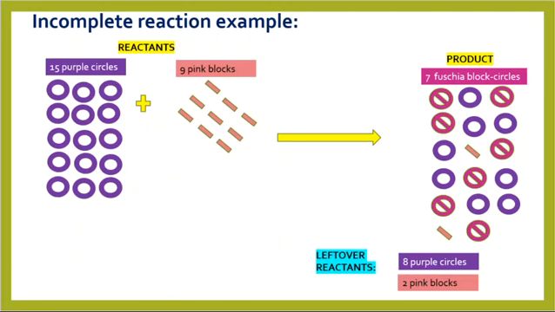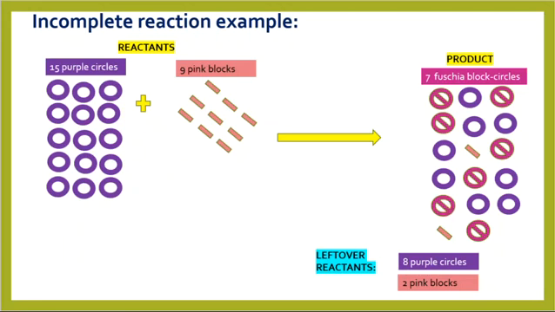The 7 block circles represent our actual yield. If the reactants had combined in the expected 1-to-1 ratio, we would have theoretically achieved the 9 block circle products. So you can see that we do not have the maximum amount of product that this reaction allows for.